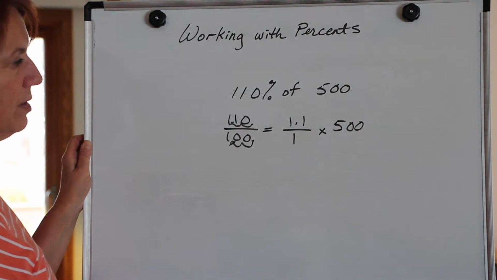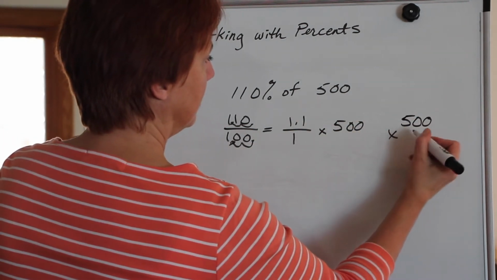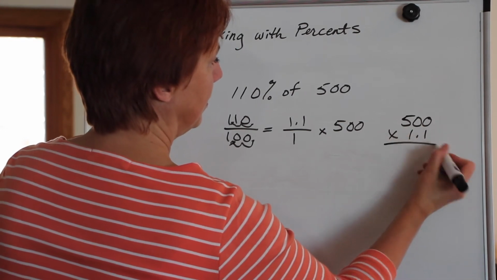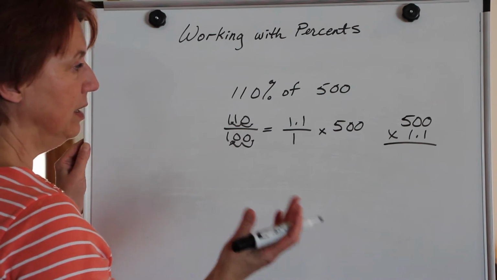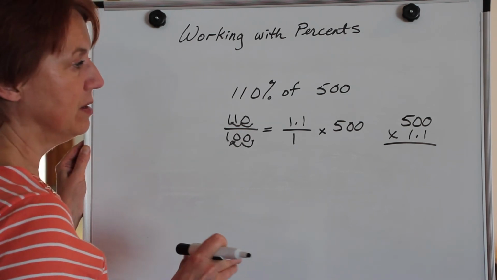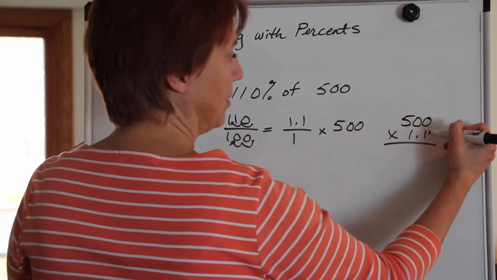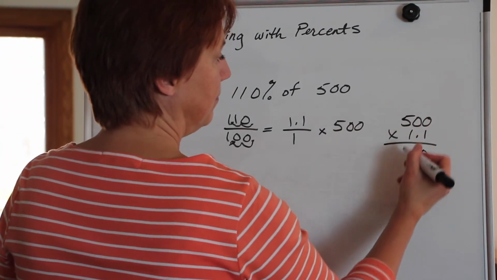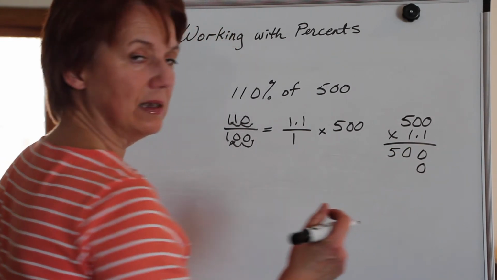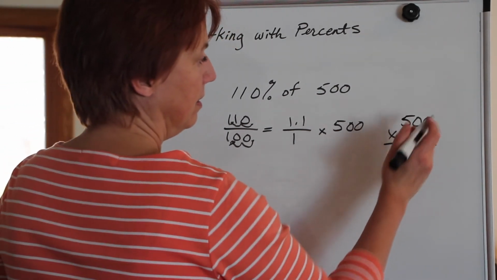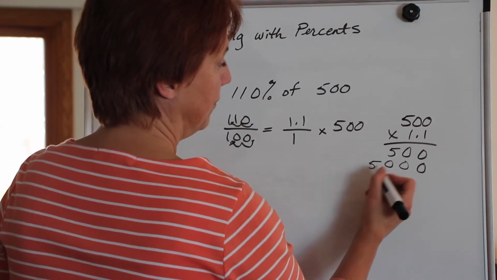Well, what's 1.1 times 500? Okay, so 500 times 1.1. So this is the old-fashioned way, right? If you have your calculator, you could do this on your calculator, but it's really nice to know how to do some of these fairly simple calculations on paper. So we get a 0 there, a 0 there, a 5 there, put a 0 in the next line, then that's 0, that's 0, and that's 5.